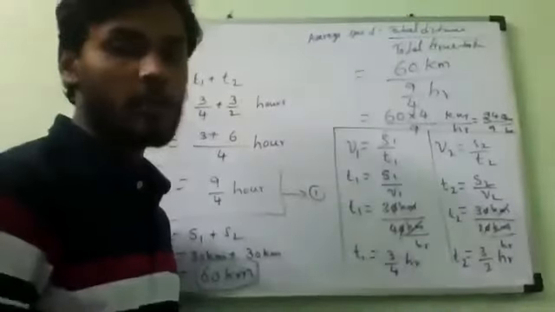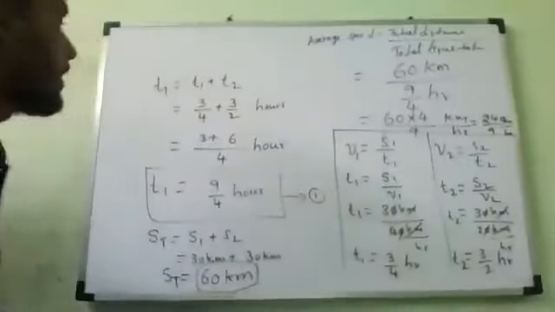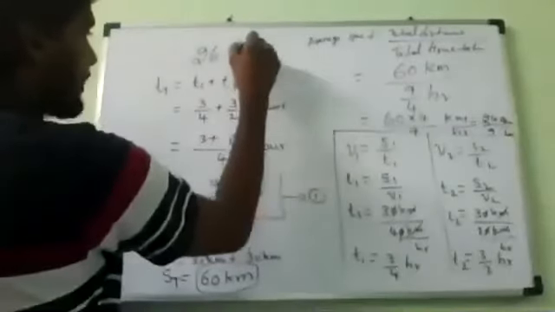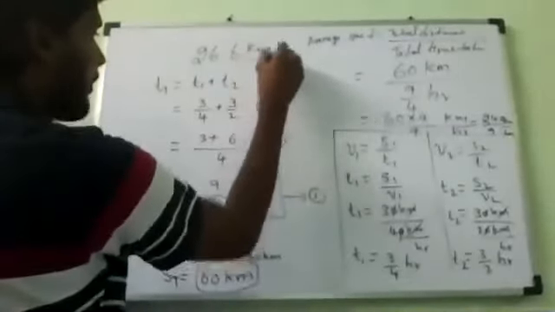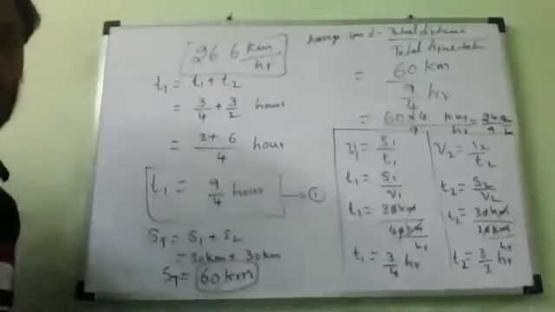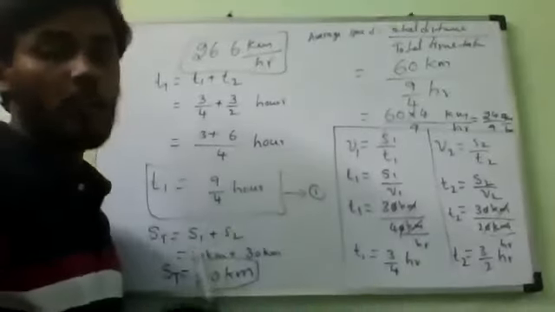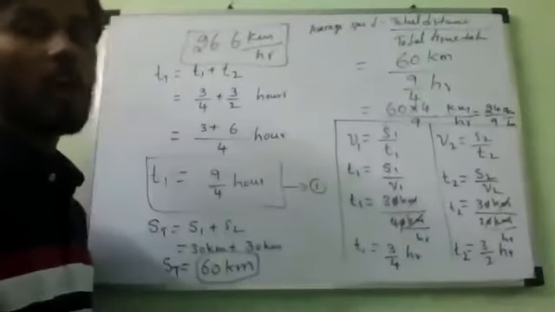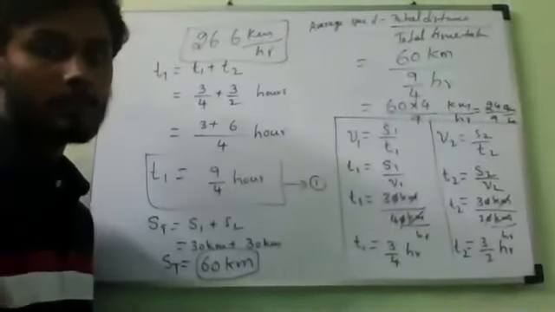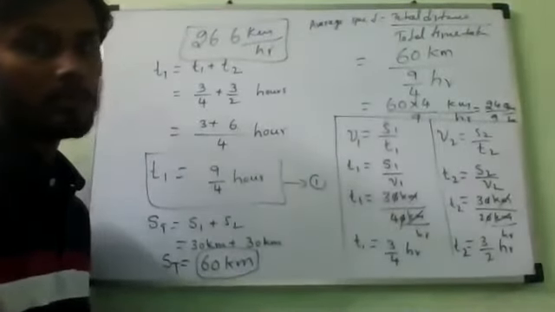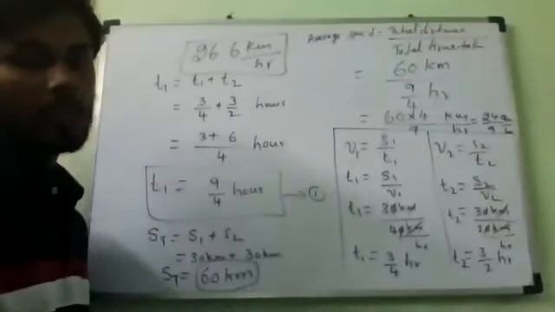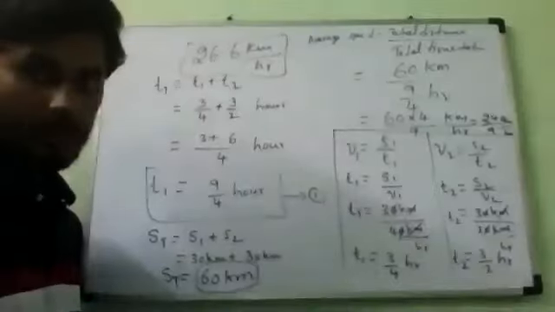Pradosh is saying 26.6. How much is it? 26.6 kilometer per hour. Have you got the answer? Like this, you should find the average speed. Slowly now, all of you see from the first again. Did you understand or not, Pradosh?